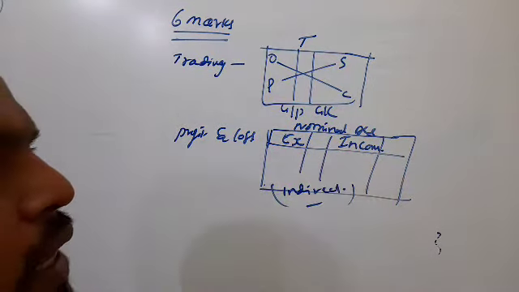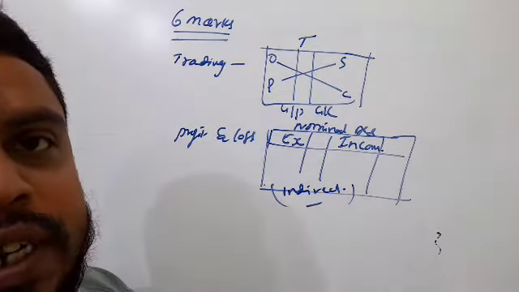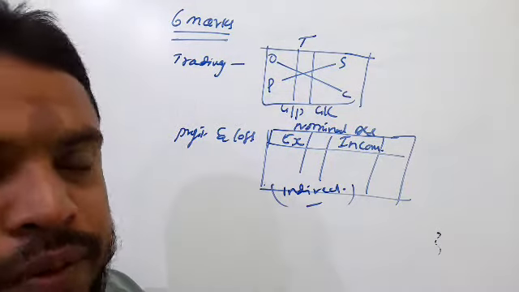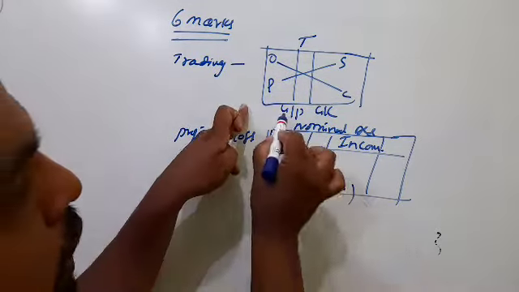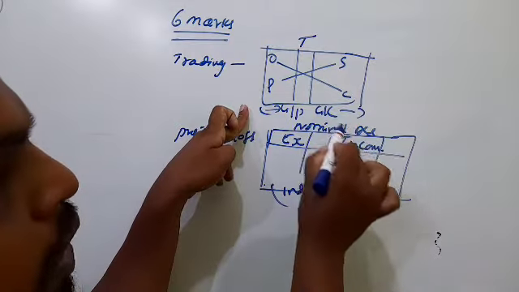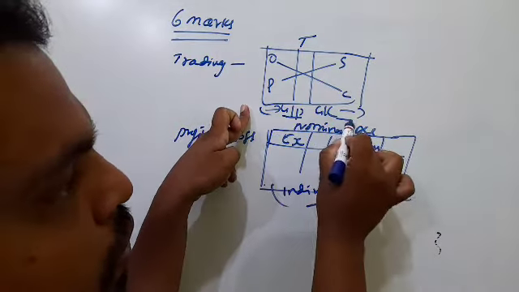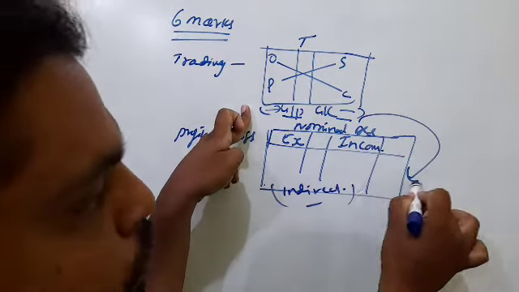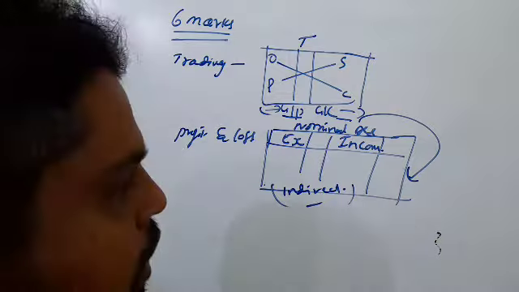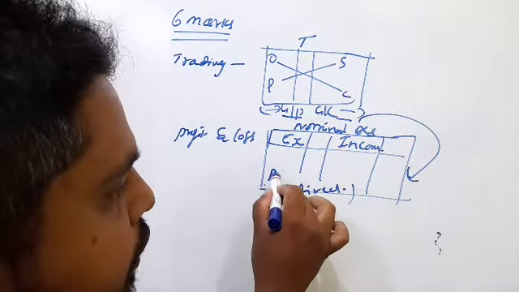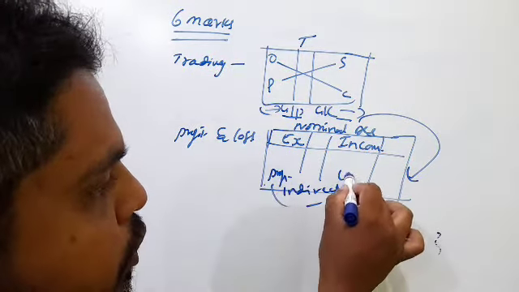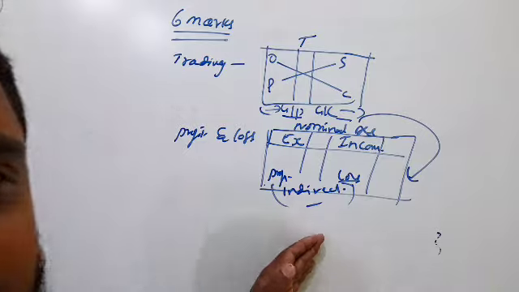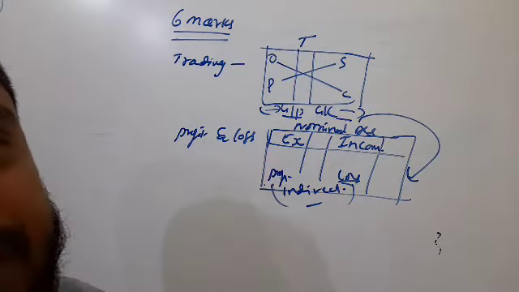Finally, you will get the answer, that is net profit or net loss. Whatever you get in trading account, gross profit or gross loss, transfer to profit and loss account. Whatever profit or loss you get here goes to the balance sheet.